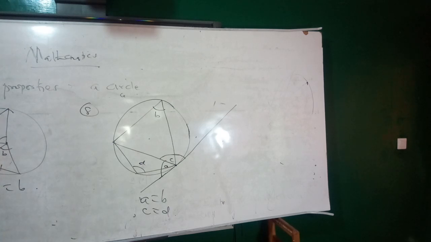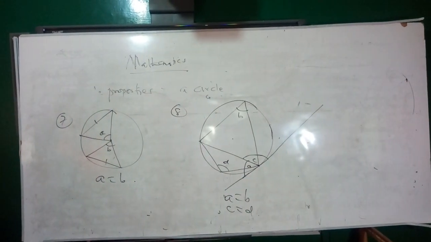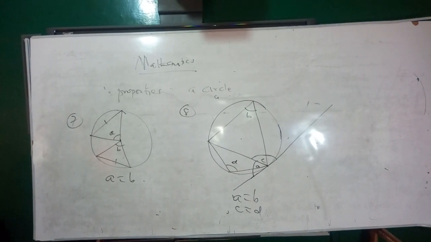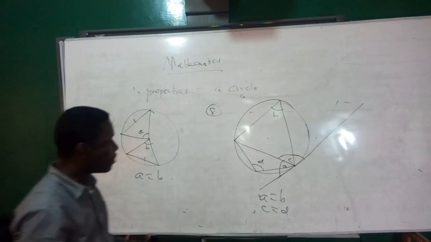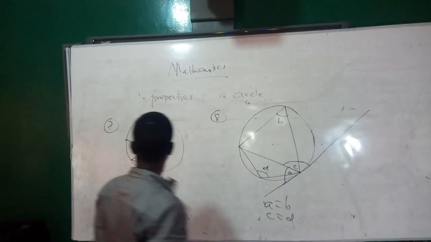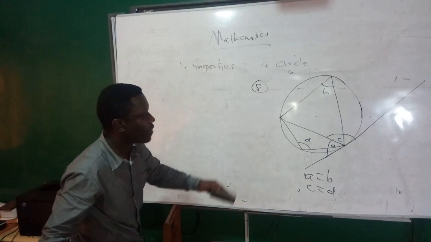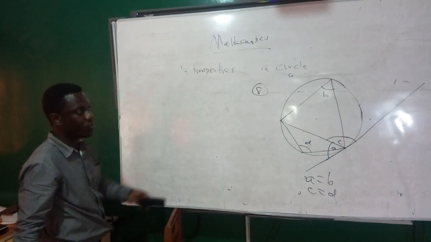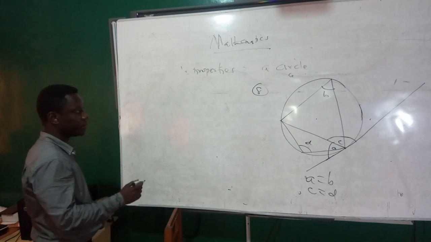Another property I want to quickly mention is the fact that the lengths of the two tangents from a point to a circle are equal. So, okay, let me clean this one and take it from here. But we'll be taking time to look at a lot of examples around this one in our next lesson.